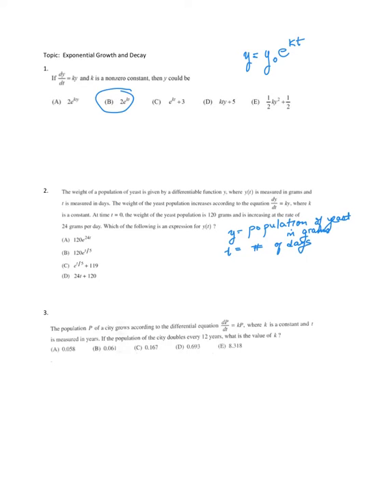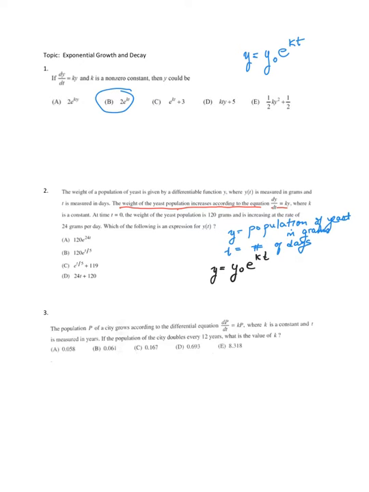All right, now this is the key. It says the weight of the yeast population increases according to this differential equation, where k is a constant. So immediately we could write down the solution, y equals y sub 0 e to the kt.